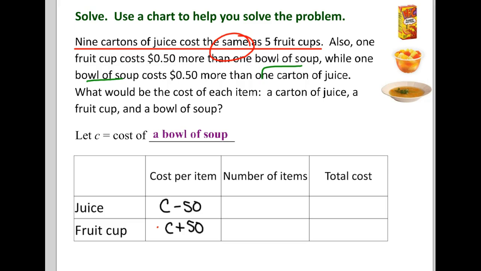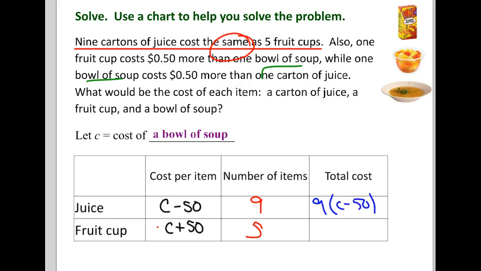Now, here's where that first sentence comes in. We know that 9 cartons of juice cost the same as 5 fruit cups. So, once again, we're going to multiply across to get our total cost. So, 9 times the juice is C minus 50.